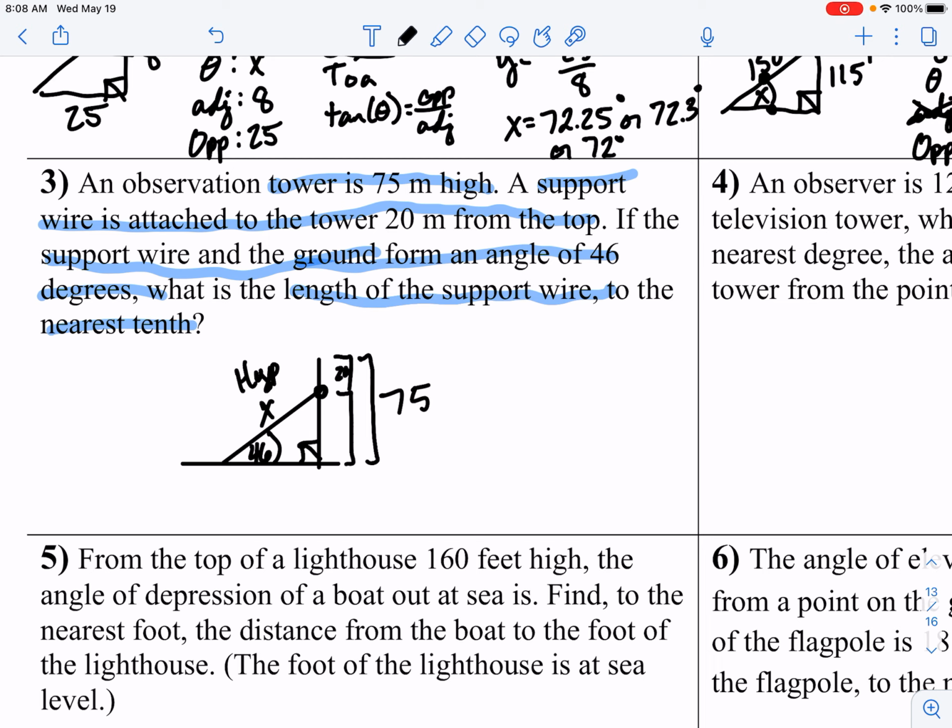So if this is 20, the entire thing is 75. That means this piece is 55, which I'm going to use. So my triangle really has these values. X, 46, and 55.